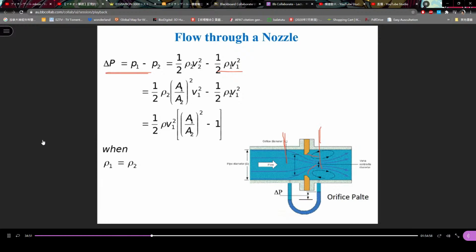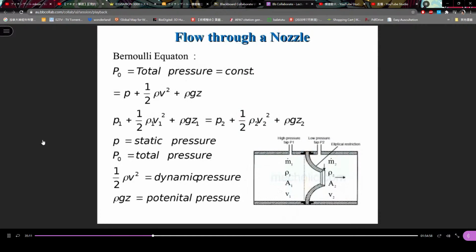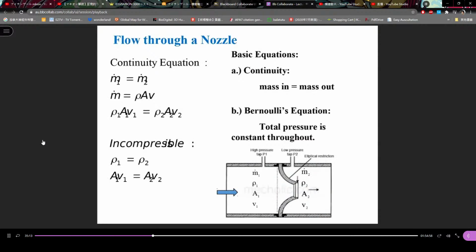And the velocity can be, something wrong. And we use the pressure. Okay. Yeah. A1 V1 will be equal to A2 V2.